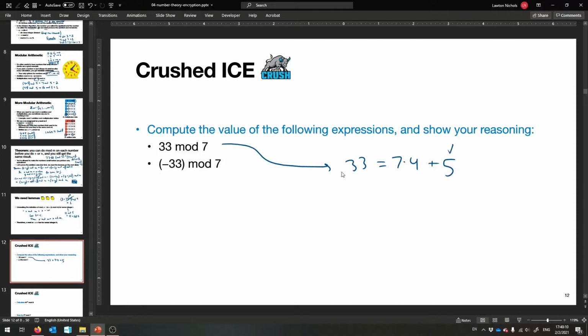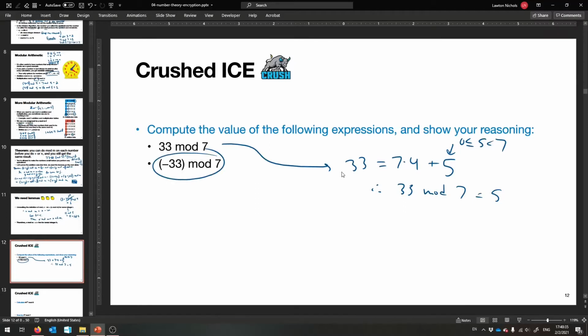And this right here is between 0 and 7 minus 1, so strictly less than 7. So that's a good remainder, and therefore 33 mod 7 equals 5. Okay, just by using division and the definition of modulo.